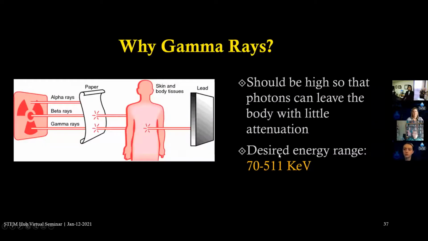Why gamma rays? Because alpha and beta rays cannot penetrate the body. If we go back to our first principle, the rays should penetrate the body and reach the detector. So the gamma rays are the only ones that can penetrate the body. And the desired energy range is between 70 to 511 kilo electron volts.